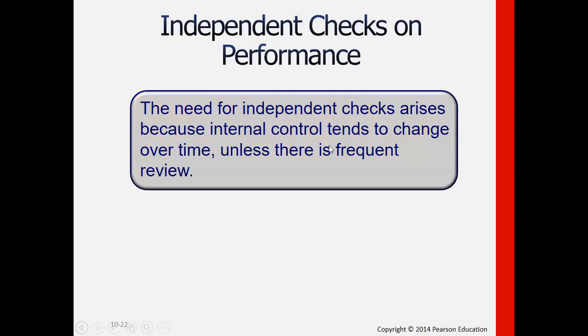Then, as explained, there should be verification from independent sources, because internal control tends to change over time, and then the need would arise unless there are frequent reviews. If we review oftentimes, we don't have to independently check most of the time, since review would be sufficient.